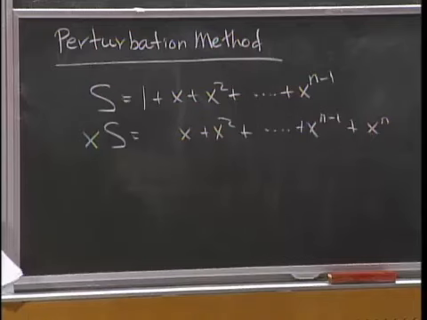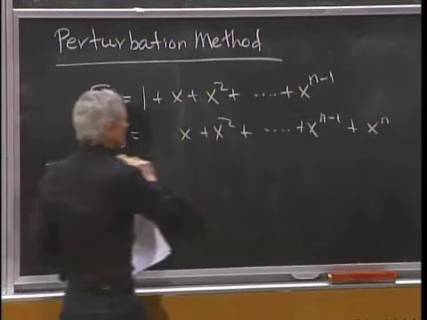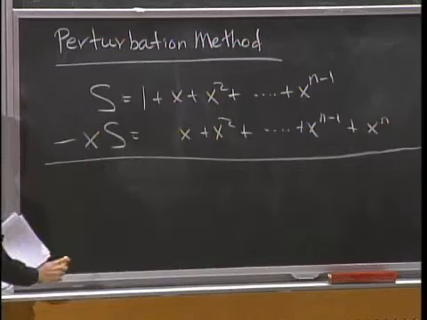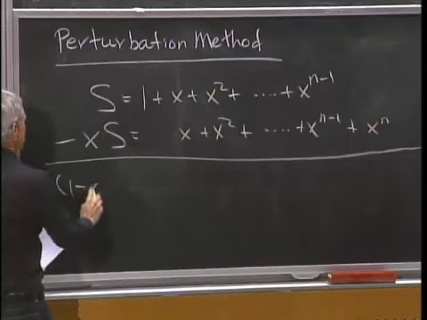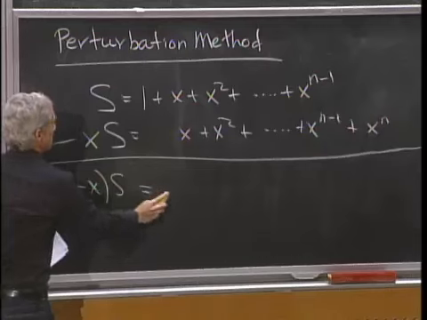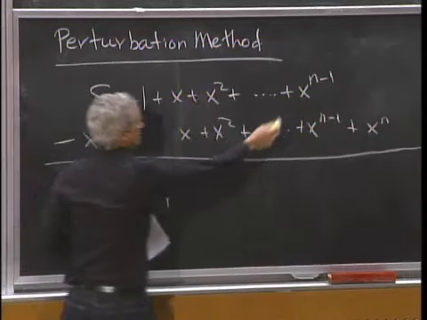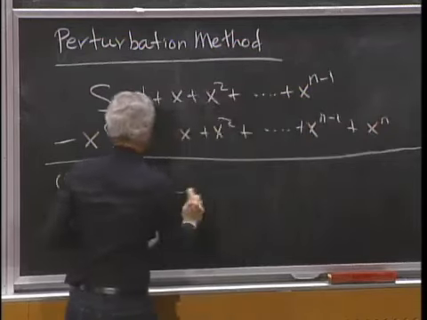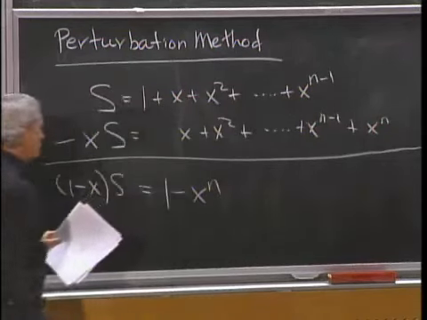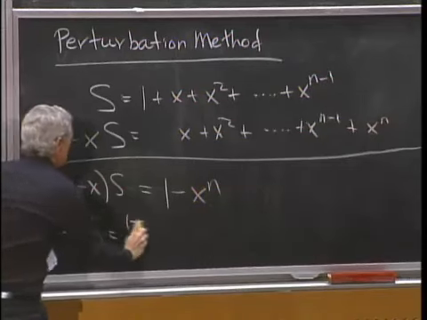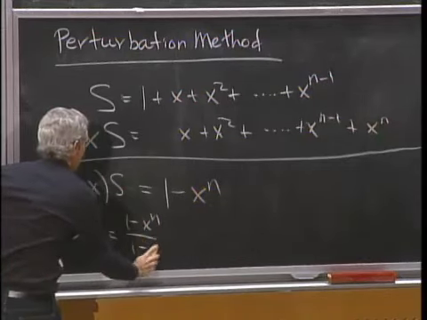And now I can subtract one from the other, and almost everything cancels. So I get 1 minus x times s equals 1. These cancel, cancel, cancel, minus x to the n. And therefore, s equals 1 minus x to the n over 1 minus x.